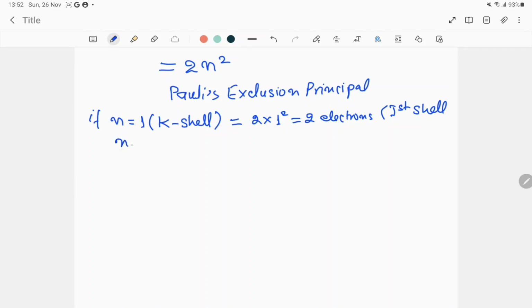If n is equal to 2, L shell, that is 2 into 2 square is equal to 8 electrons in the second shell.